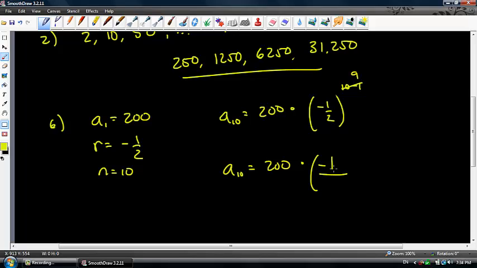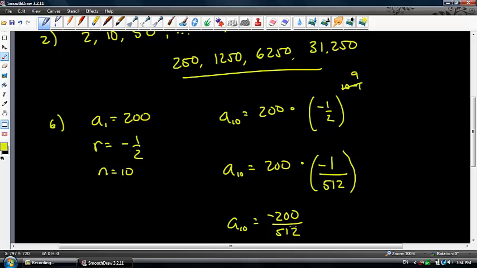And then in your calculator, you just go 2 to the 9th. 2 to the 9th is 512. So from here, you multiply straight in. A sub 10 is equal to negative 200 over 512. And then you just do that in your calculator.